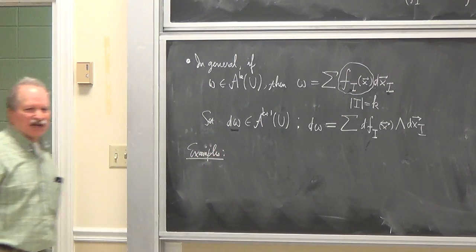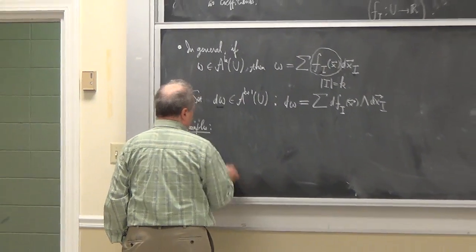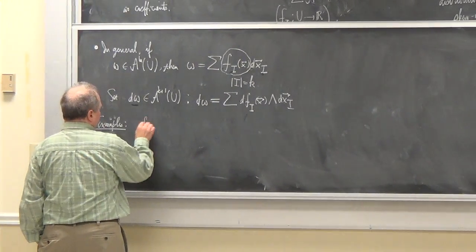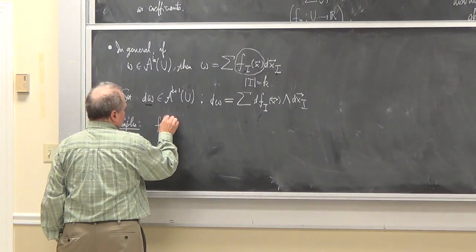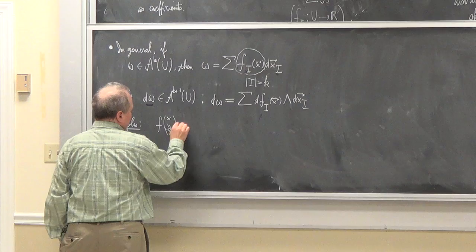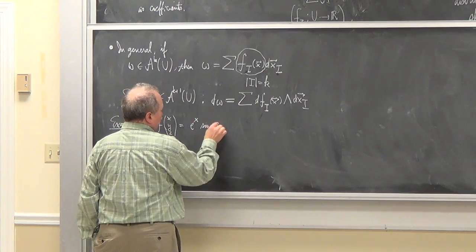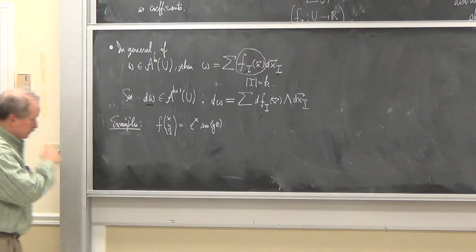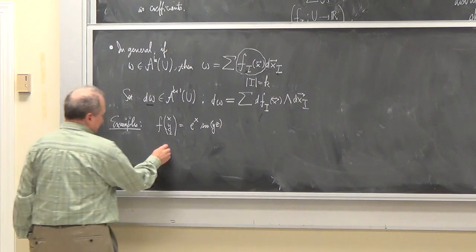Okay. So before I start listing properties, let's do some examples of this. It won't take you long to get good at this, but let's just do a simple example. Let's say f is the function e to the x sine yz. I don't want to write out 6 million terms. What's df going to be?